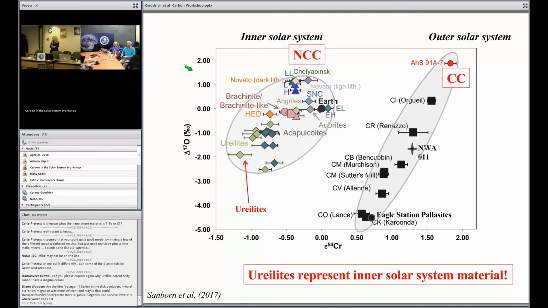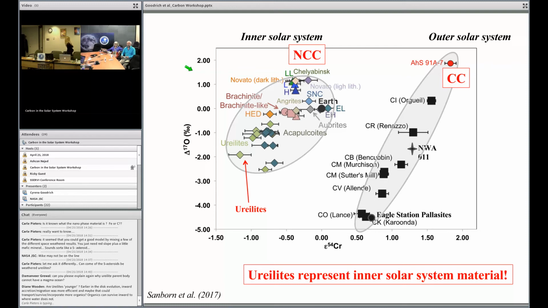Well, the answer to that is, of course, model dependent, but I think so. I do think that they accreted earlier than carbonaceous chondrites. The reason for that comes from thermal modeling, aluminum-26 modeling of what it would take to get to 1300 degrees C on the Uralite parent body.